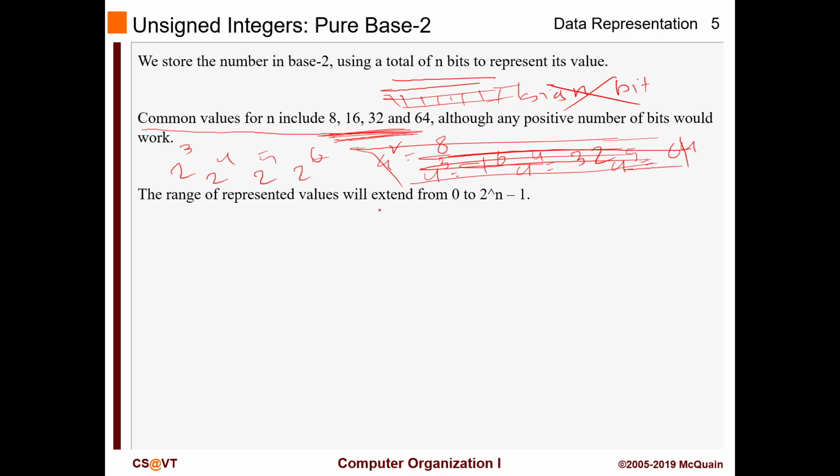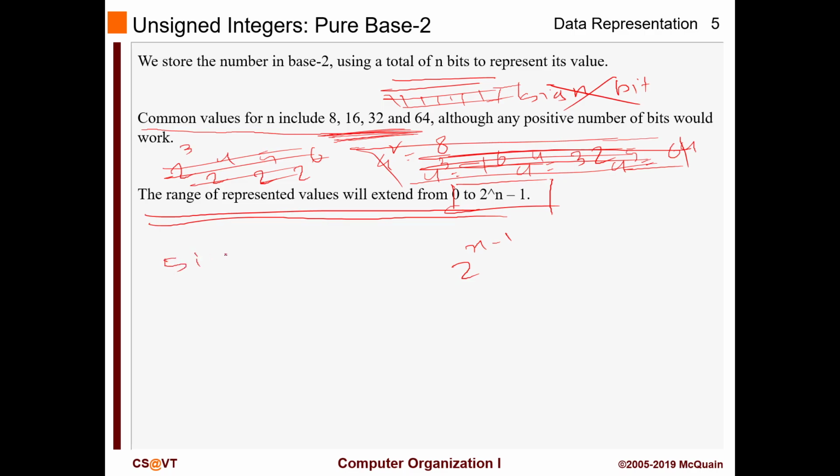We use this to represent values. So the range of an unsigned integer is from 0 to 2 to the power n minus 1, and for the signed, one bit is used for the sign bit.